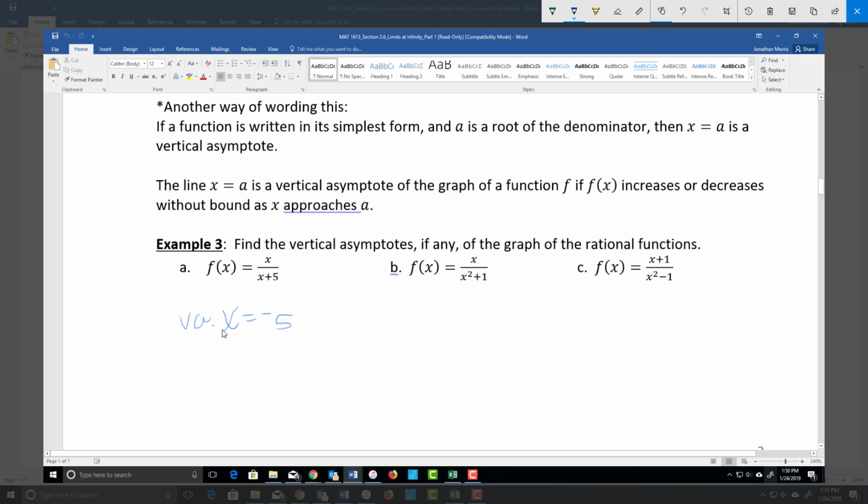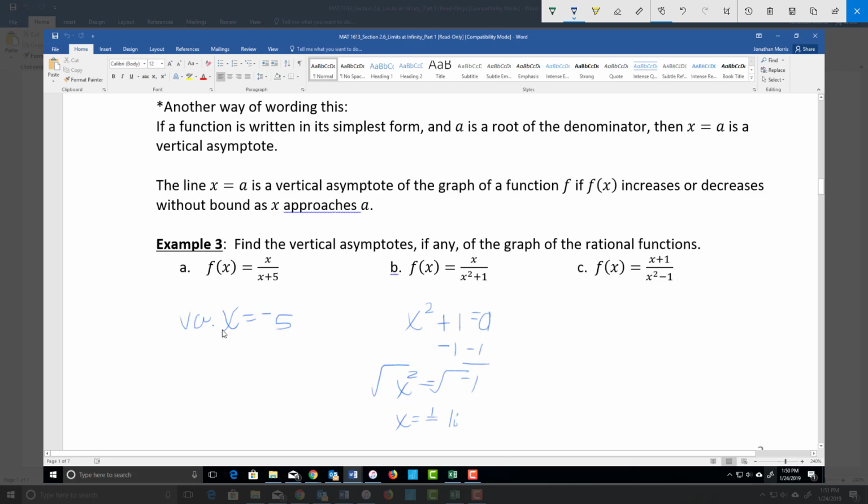But if you're looking for the domain or the vertical asymptote, the denominator, if you set that equal to 0, you get x squared equals -1, and whenever you take the square root of both sides, you get x equals plus or minus the square root of -1, which is i.